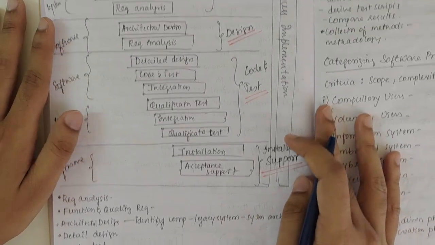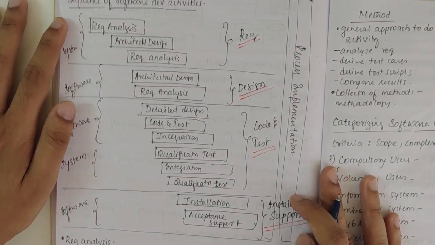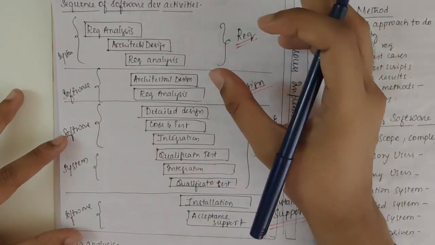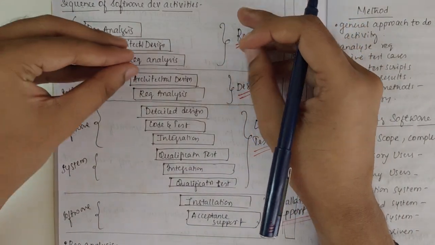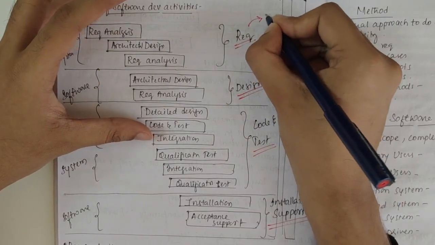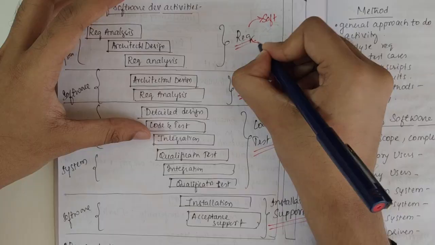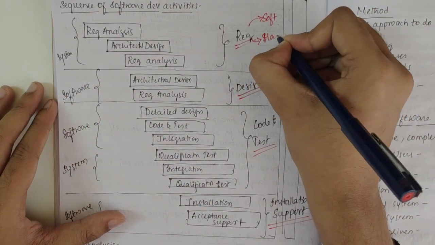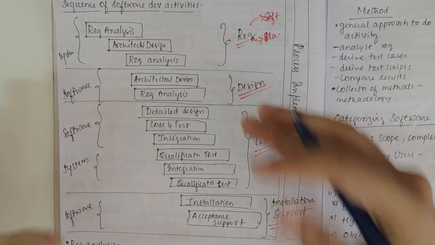And then we have installation and acceptance support as the fourth step. These steps either have functionalities or processes which are dependent on the software part, or they have functionalities which are dependent on the hardware or the system part. We'll look into them one by one.